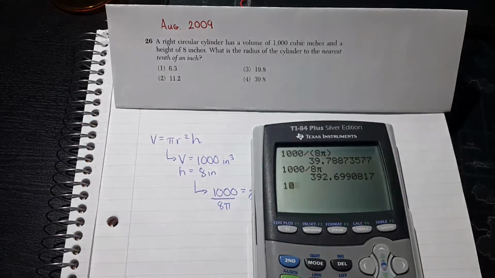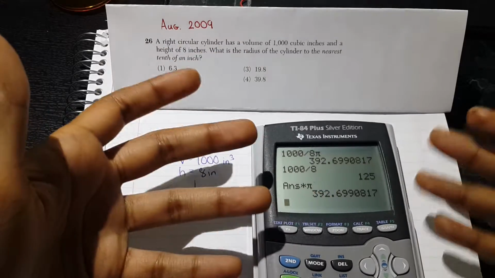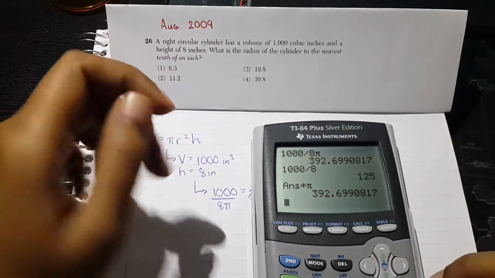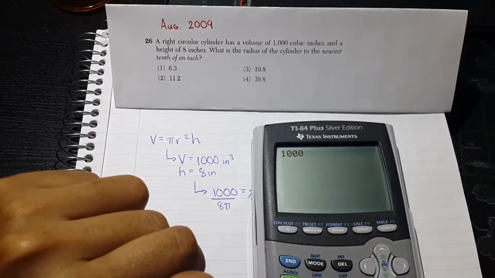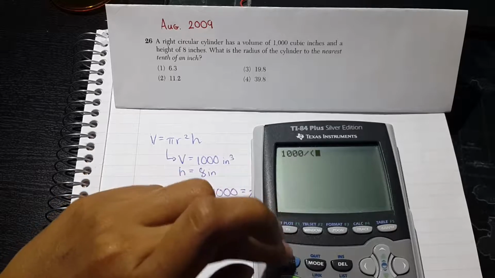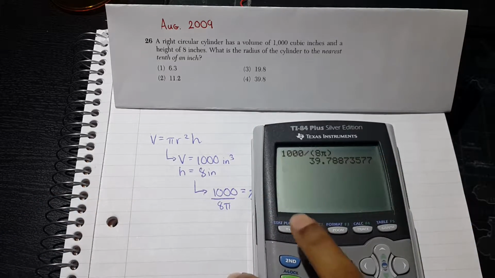So let's actually see that happen. 1,000 divided by 8 gives you that, times pi gives you that, and that's what the calculator is doing when you don't put the parentheses there. So always put the parentheses. It will guarantee that you get your most accurate answer. So by doing that, you get this as your value.